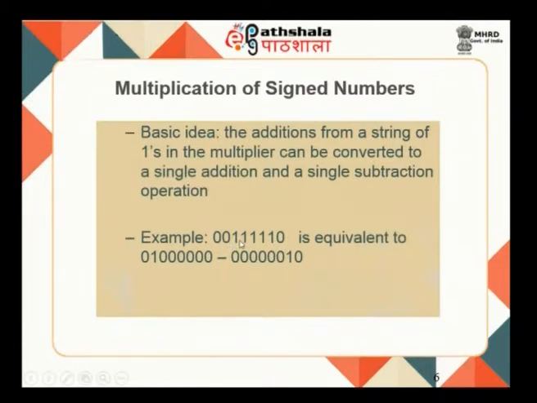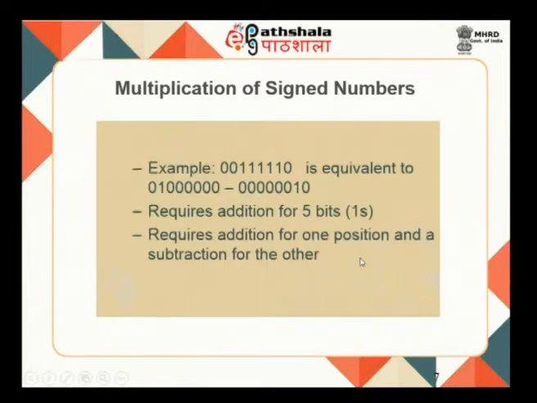So, this string of ones can be replaced by one addition operation and one subtraction operation. Wherever you have a change from 0 to 1, that is converted into a subtraction operation, and whenever you have a change from 1 to 0, that can be converted into an addition operation. So, basically that is the concept of Booth's algorithm. When you have a sequence of ones coming in, you can replace that by one addition and one subtraction. That is the basic idea.